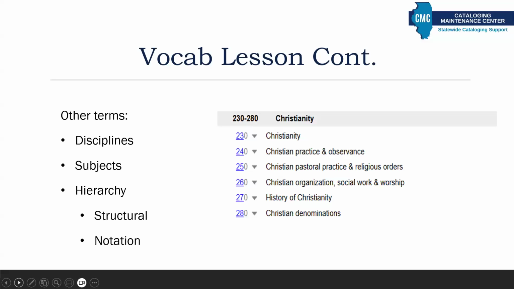And then we have two different kinds of hierarchy. So we have the structural hierarchy, which every subject is subordinate to, i.e. part of, all the broader subjects above it. Notation hierarchy, hierarchy expressed by length of notation, any given subject is usually subordinate to the topic whose notation is 1 digit shorter. We'll look at some examples of both of these on the next slide.